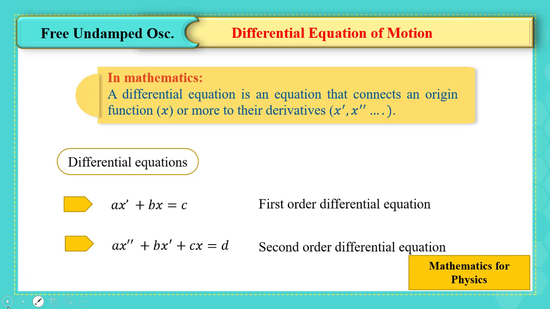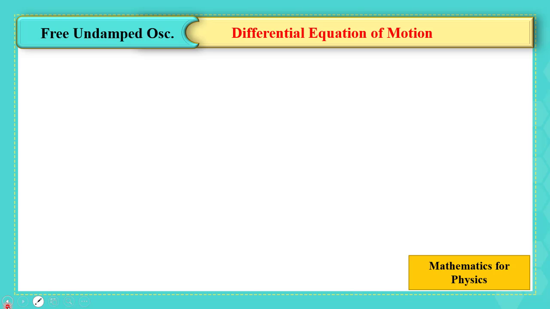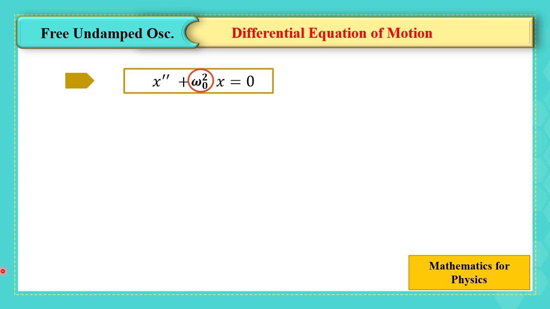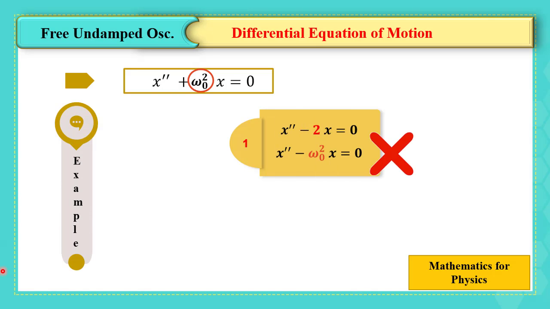Besides, we are going to deal with this special case where a positive constant is multiplied with the origin function x. For example, if I have this differential equation x double prime minus 2x equals 0, here we find that minus 2 is minus omega 0 squared, so the coefficient of x is negative.